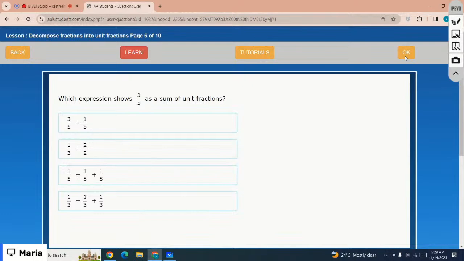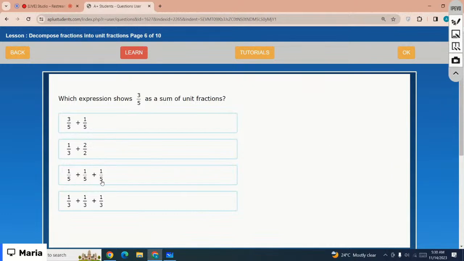Which expression shows 3 by 5 as a sum of unit fractions? So which is the correct option? The correct option is option number 3.